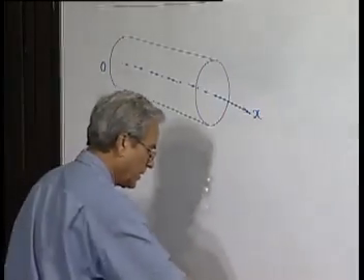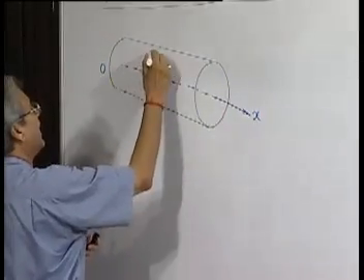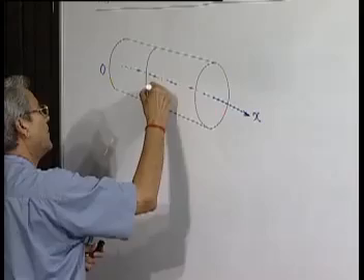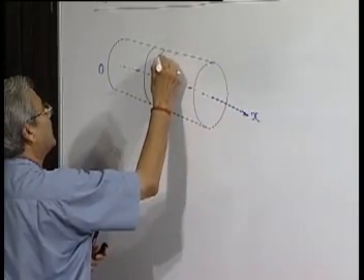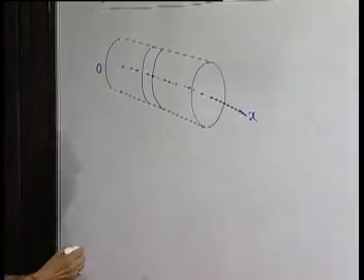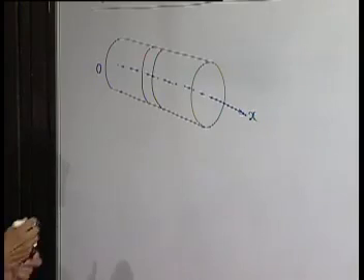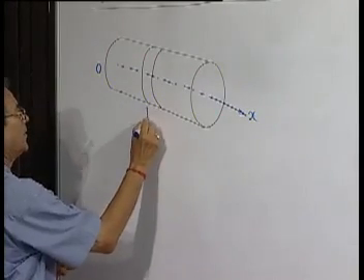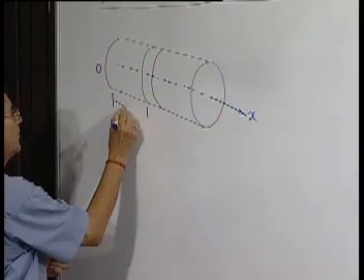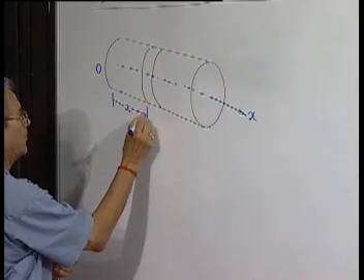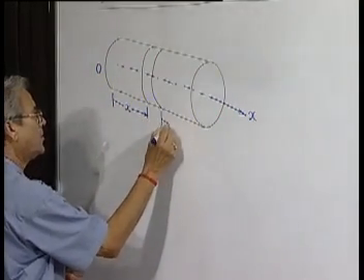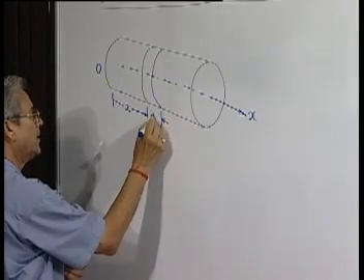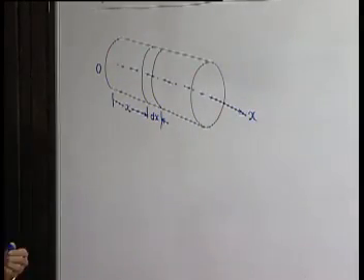So, if we consider an element, we will again consider an element at a distance x from the origin, and whose length or thickness is dx.